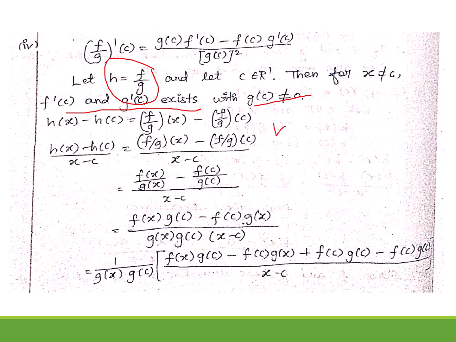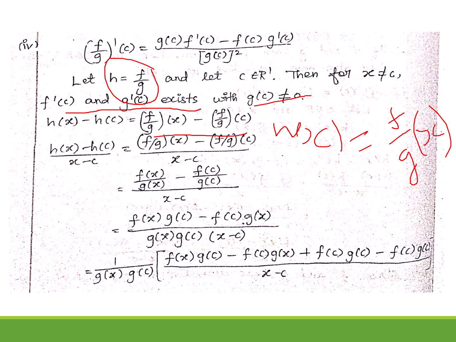Then h(x) equals f divided by g of x, and also h(c) equals f divided by g of c. Now add and subtract: the value of h(x) minus h(c) equals the value of f divided by g of x minus f divided by g of c.